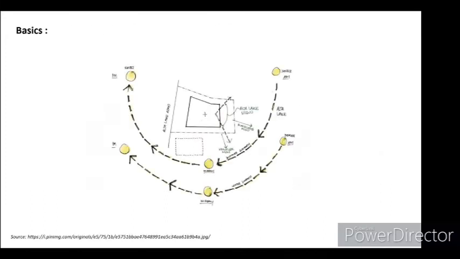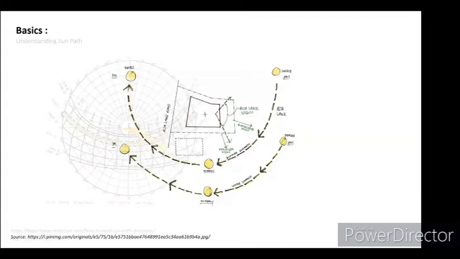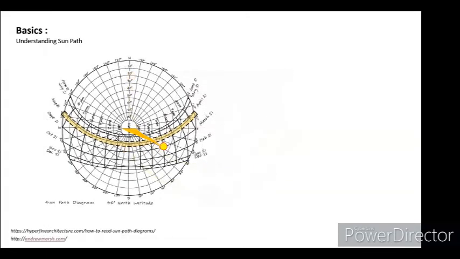The basics, I believe, we would have drawn more than 50 to 100 times in terms of understanding the solar part. So I would like to give you a detailed understanding of how the sun path works. As you can see, this is the sun path from a plan view. You can see these lines, which are the months.